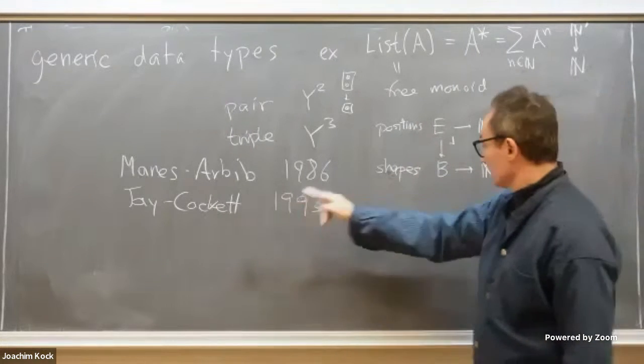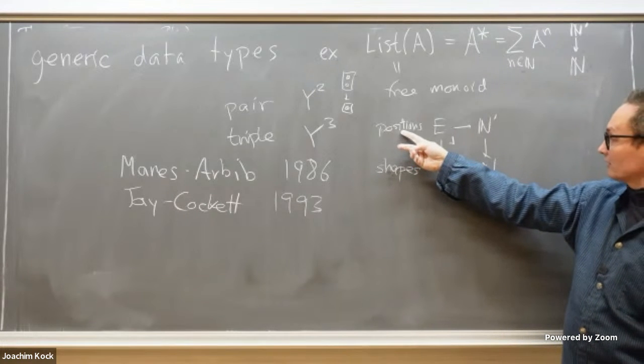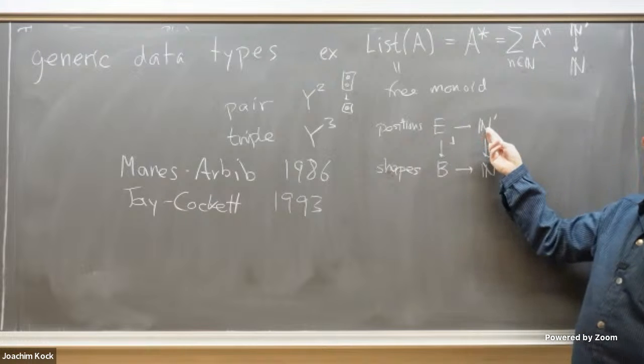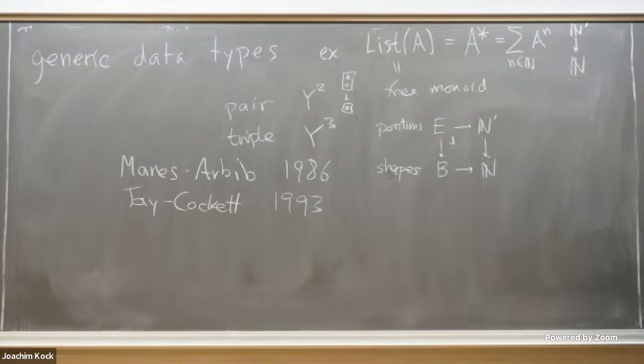So Jay and Cockett wanted to have not just a finite set of positions, they actually wanted a list of positions, to make it easier to access the positions.